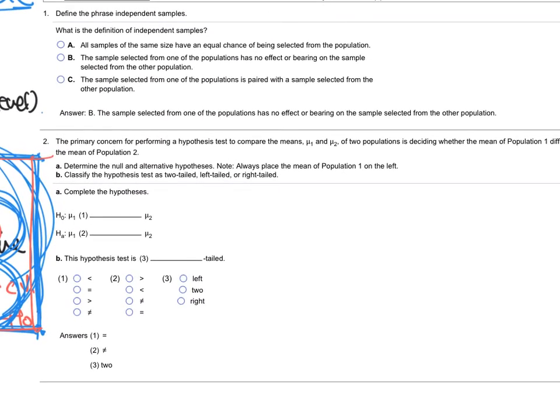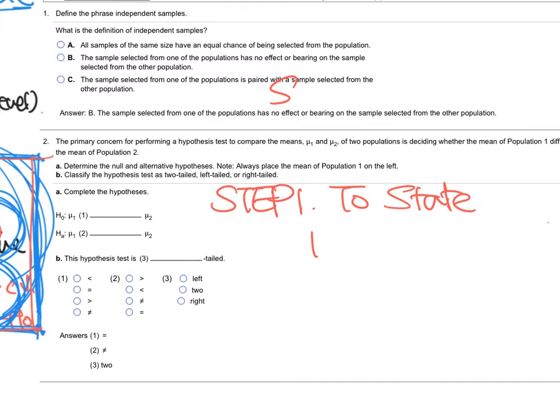In this homework, it just asks you only step number 1, to state the null hypothesis and alternative hypothesis.